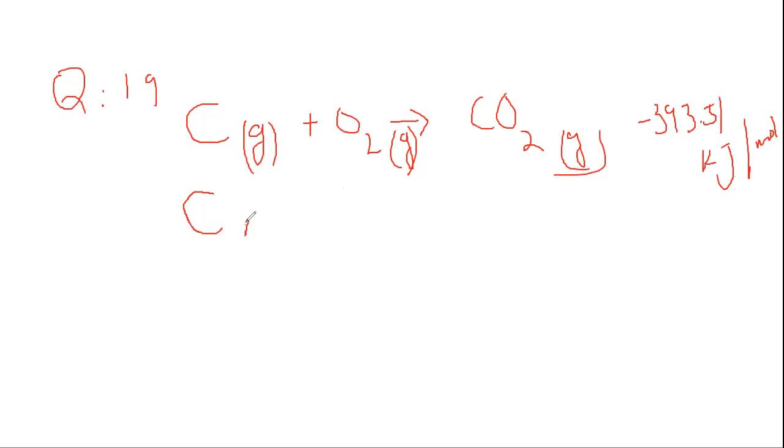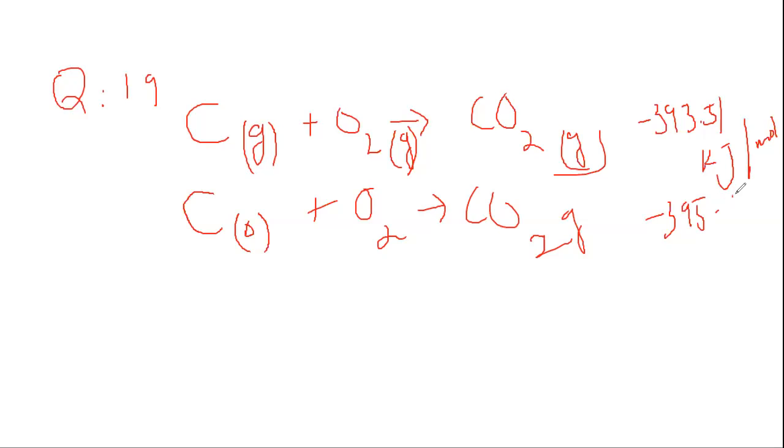Next is the combustion of diamond. Diamond is also a giant covalent molecule containing 100% carbon atoms. All the atoms in a diamond are carbon, as in graphite. So the combustion of this diamond in the presence of oxygen will provide you carbon dioxide gas. Enthalpy change for this reaction is minus 395.41 kilojoule per mole.